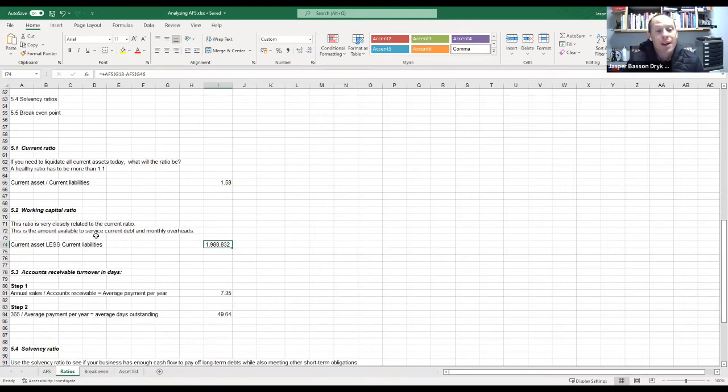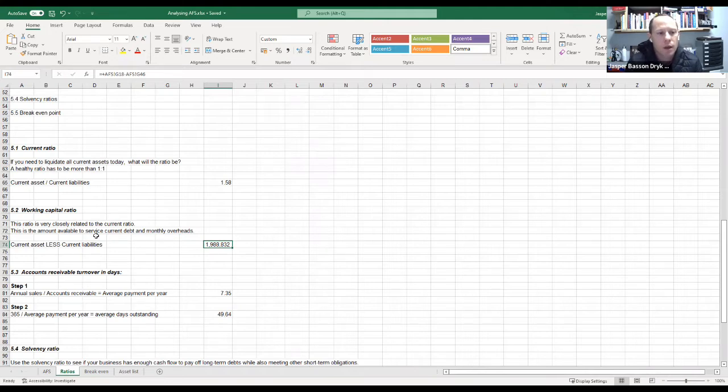The next ratio is very closely related to this one. It's the working capital ratio. That's pretty much current assets less current liabilities. Your current assets and liabilities give the working capital that you will have within current terms, or 30 days from now.